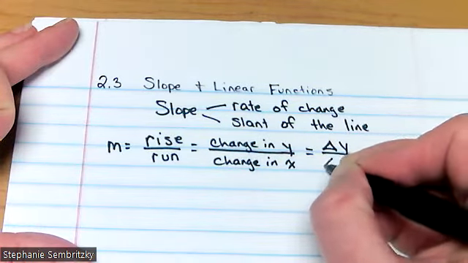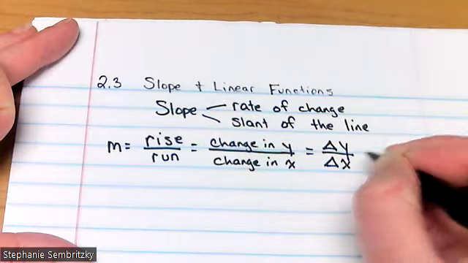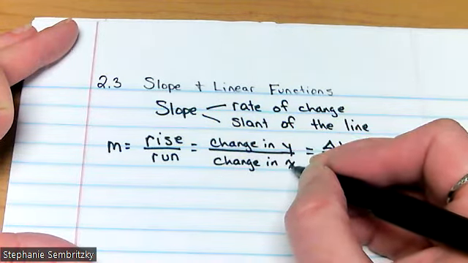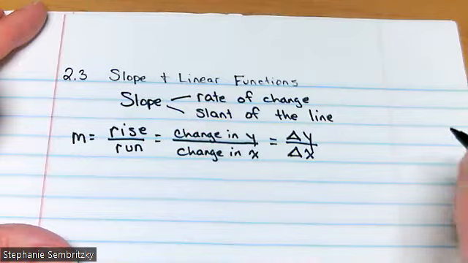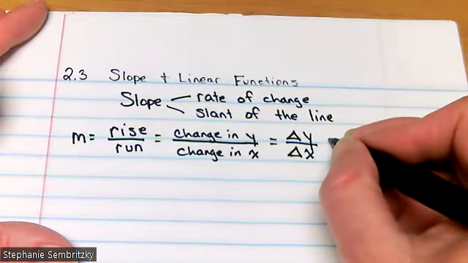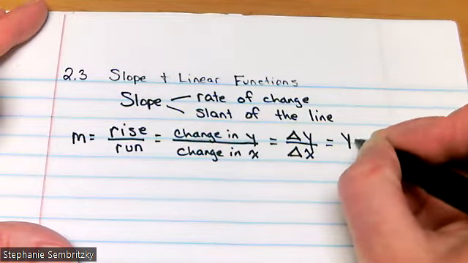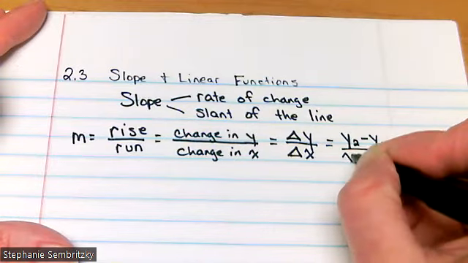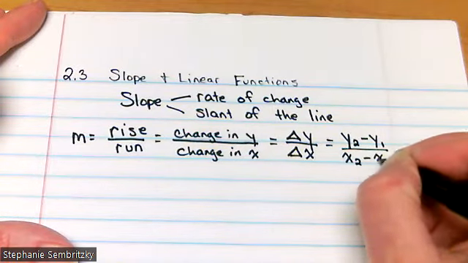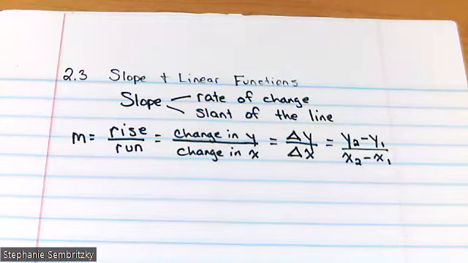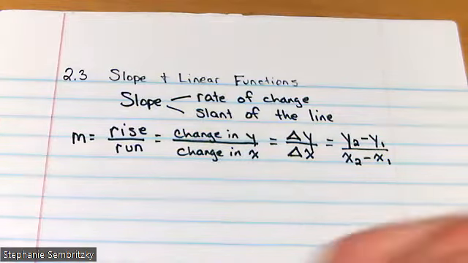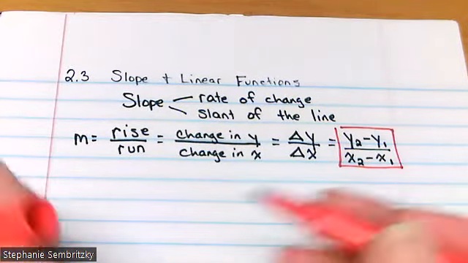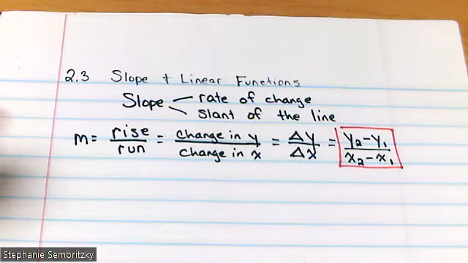That means change. So delta y over delta x is another way of saying change in y over change in x. Now, to get real specific, that means we take our y values and find their difference, and our x values and find their difference. So that is what we consider the formula for slope. That finds the slope of a line.